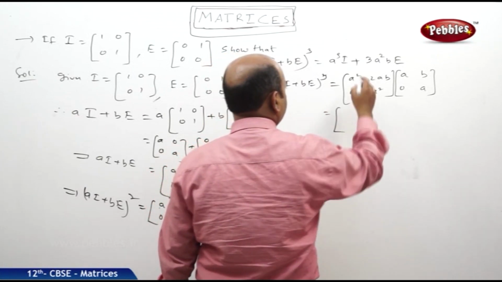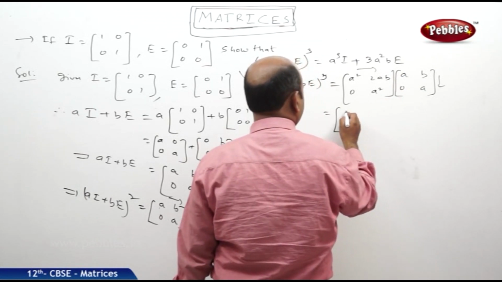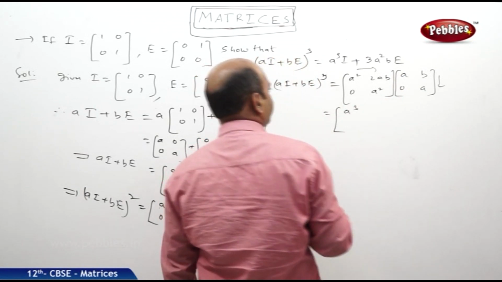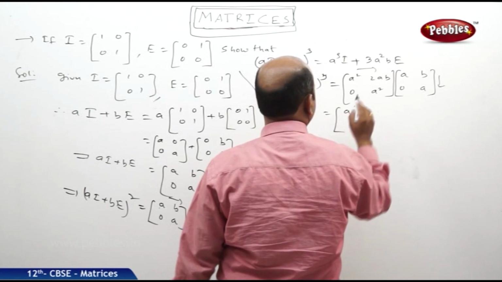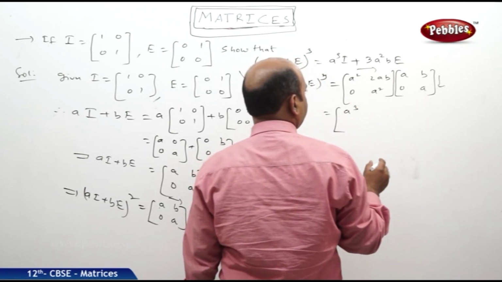We shall see matrix multiplication again. A square into A will be A cube, and later A square into B, A square B.